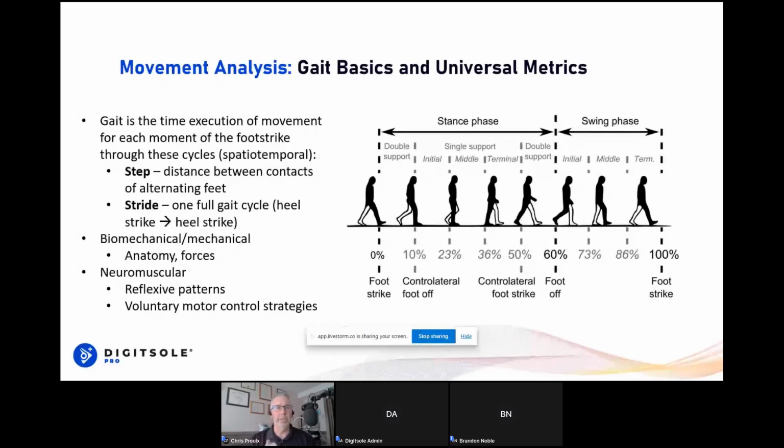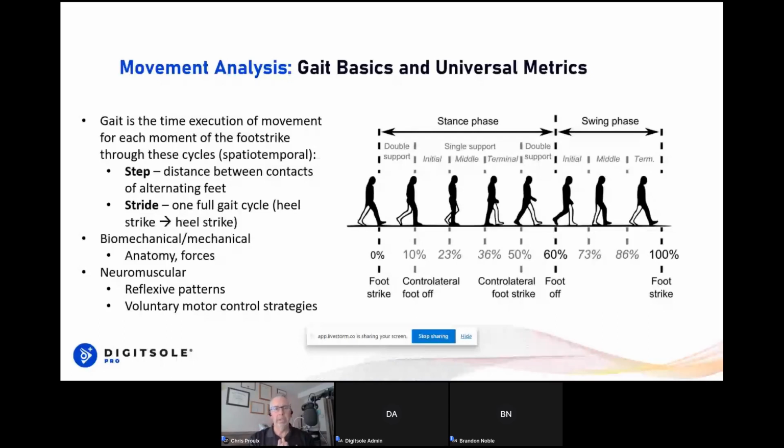And then the swing phase is when they're picking up their foot and they're moving it across the ground, and they're getting ready to take that next step. So the step is the distance between two contacts of the alternating feet, and then the stride is looking at that one full cycle of one step to the next step.